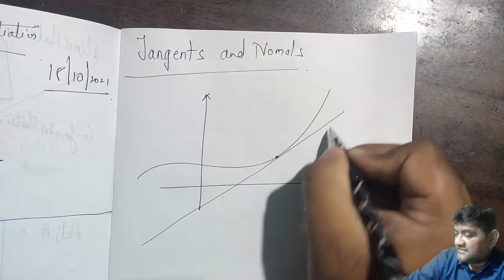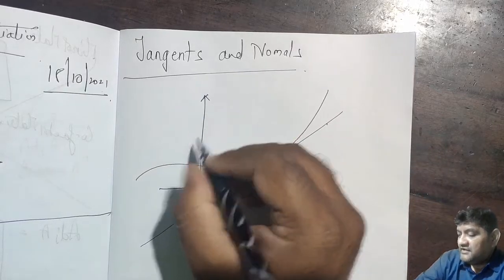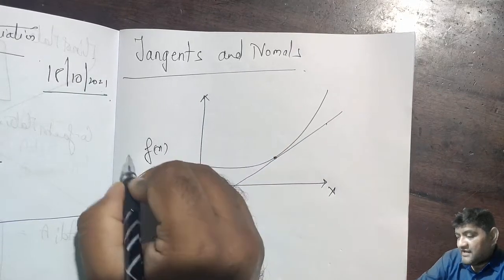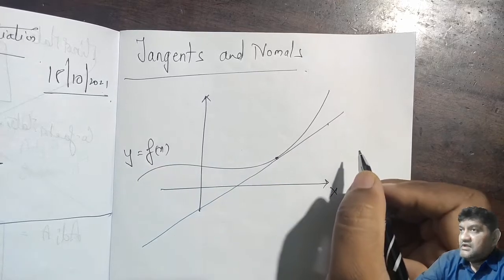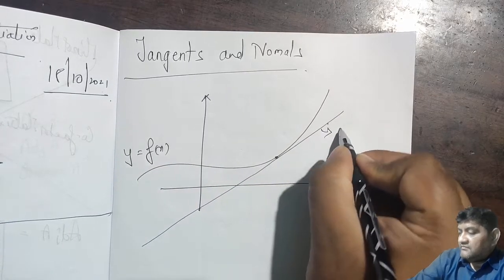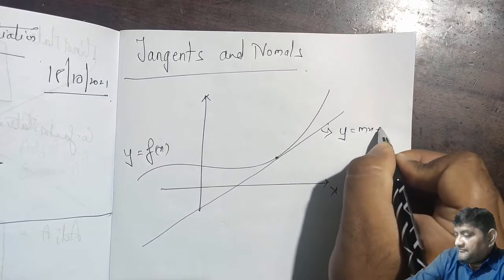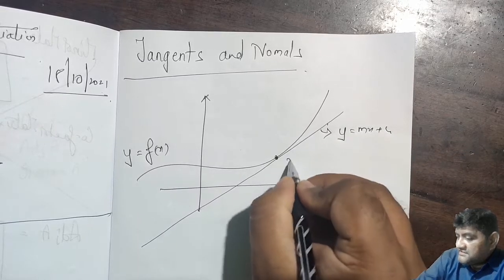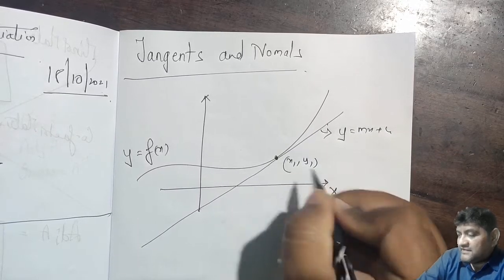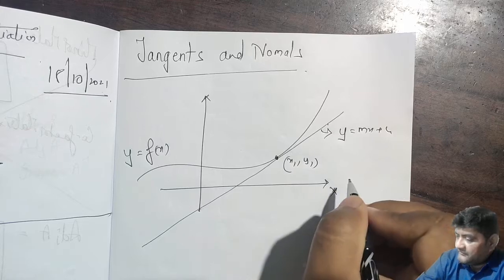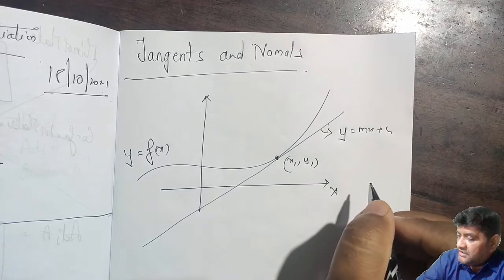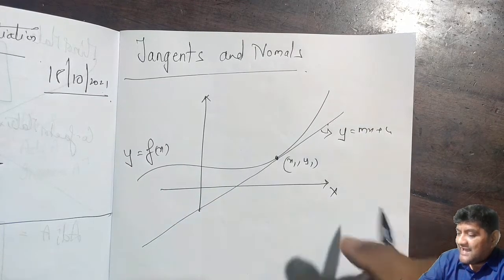This line is said to be the tangent to the curve y is equal to f of x. This is some y is equal to mx plus c. And this point, which is x1, y1, is known as the point of contact. This is the tangent.